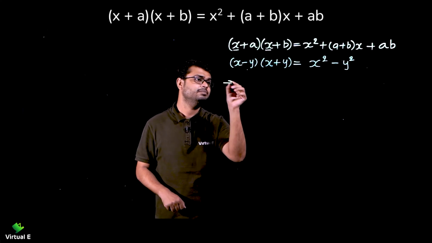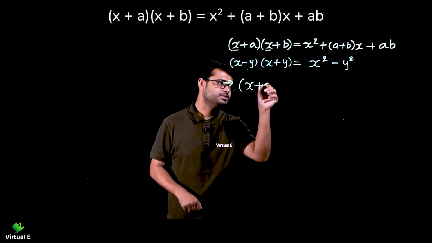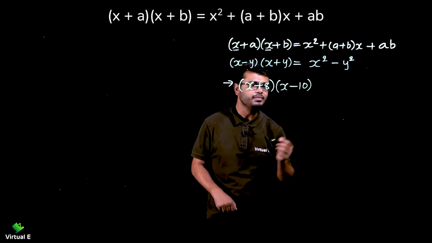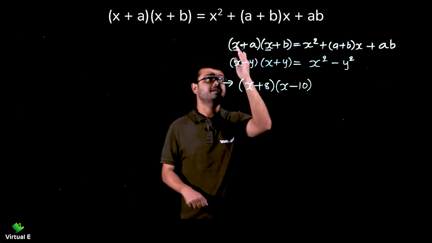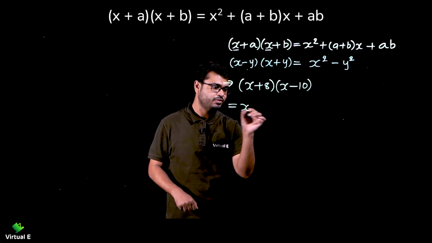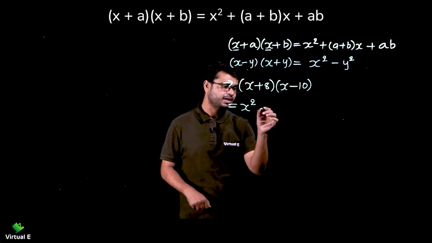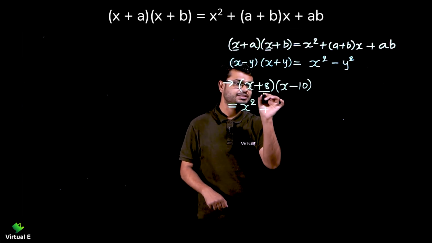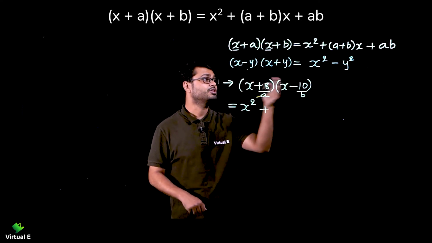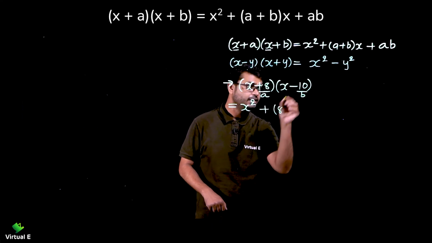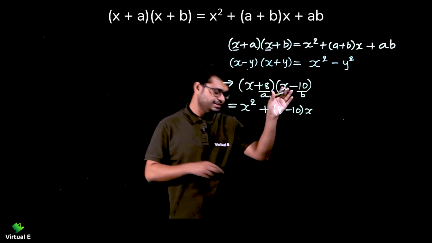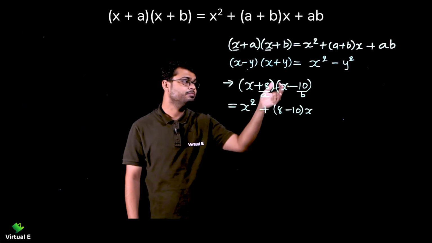So let's take an example, (x plus 8) into (x minus 10). Now x is the same, see over here x and x, so we can directly write x square over here. Then let's write plus the addition, let's say this is a and this is b, so the addition of them, let's write in bracket 8 and here minus 10. Keep in mind, if there is any negative sign anywhere, you are supposed to keep it there.